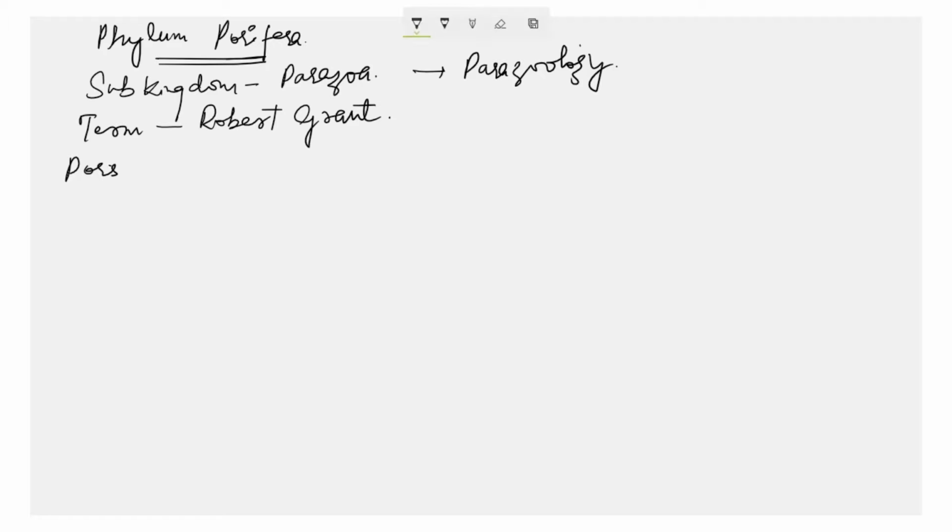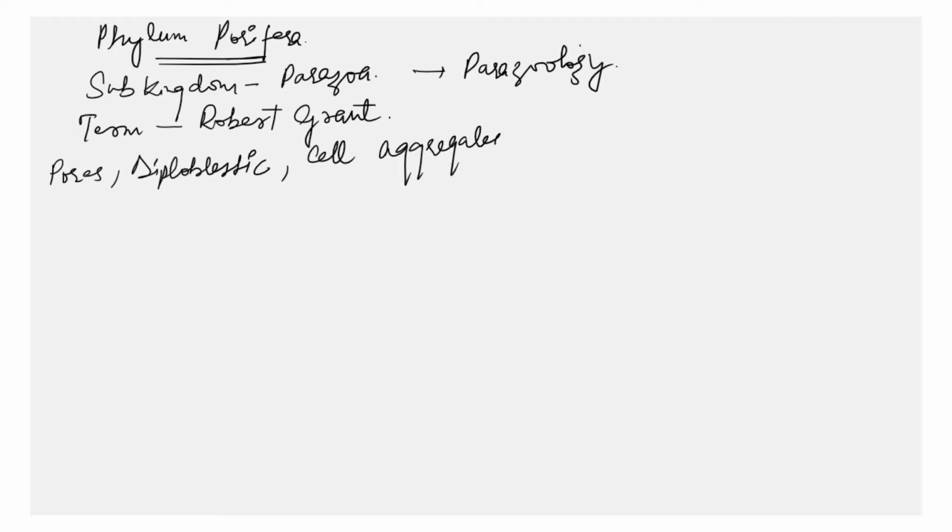Okay, so they have pores in their body, everyone knows this, and they are simplest and diploblastic animals, and they have a cell aggregated body plan. That means they don't make up a tissue or organ as such, but they function on a cellular level only, and all of them are marine.